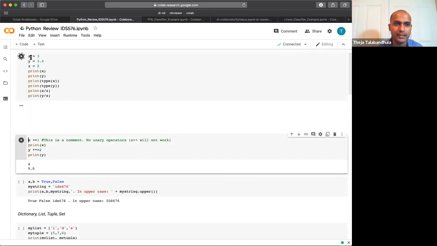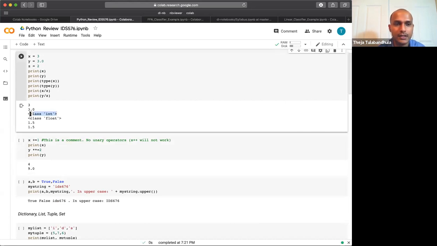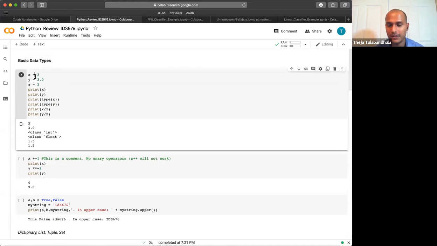So here's how you declare basic data types. Here are some examples: X, Y, and Z. Here, X is an integer, and Y is a float. So this is how you declare constants. There are many ways to do these things, but here's how I have illustrated it. X is equal to 3 makes X an integer. You can use type on the variable X to figure out what type it is.